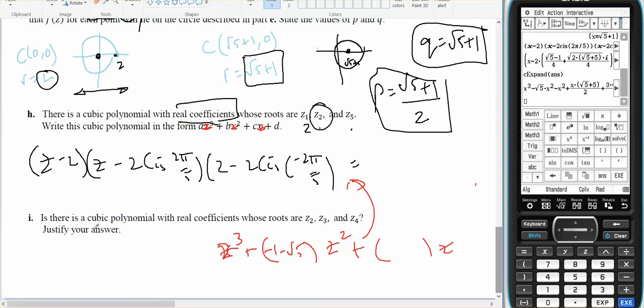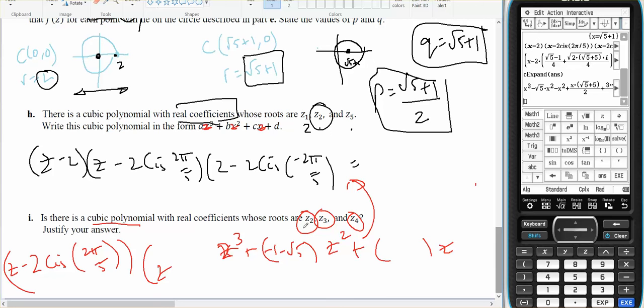And lastly, is there a cubic polynomial of real coefficients where Z2, Z3 and Z4 are the roots? Well, Z2 is 2 cis 2 pi on 5, and that's Z minus that. Z3 is Z minus 2 cis of 4 pi on 5, and Z4 is Z minus 2 cis minus 4 pi on 5.